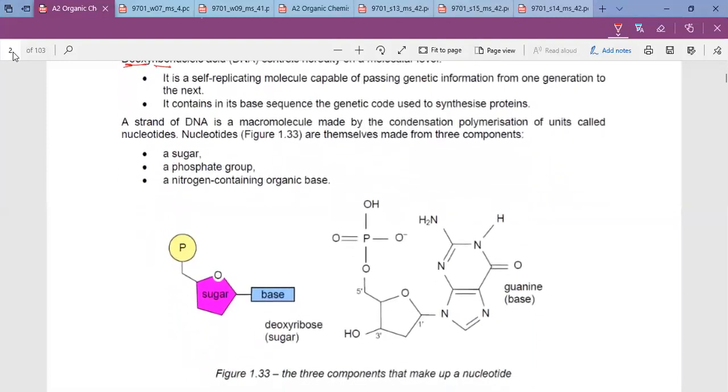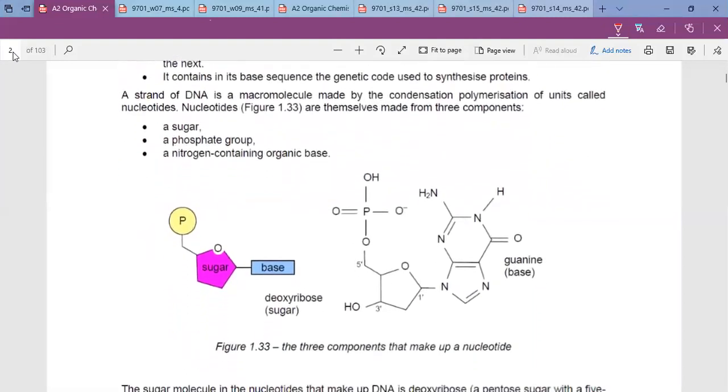It contains a, this is called a nucleotide. So this is like a monomer, okay? This is your nucleotide. Nucleotide, must understand. Nucleotide. It consists of a phosphorus. This is a phosphorus molecule, PO4 actually.